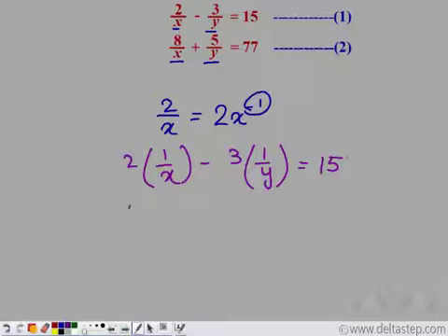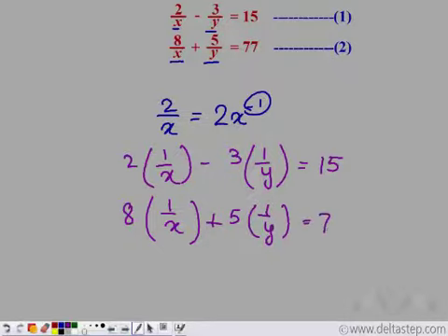The second equation can be written as 8 into 1 by x plus 5 into 1 by y is equal to 77. This is what we have. Now we have 1 by x and 1 by x here. So this is the variable part of the first term.